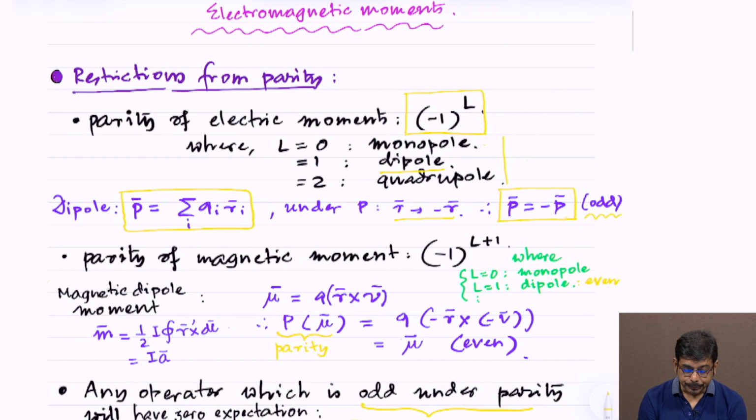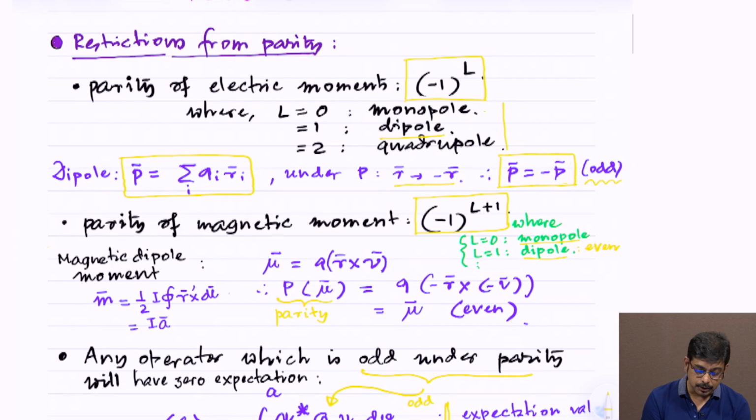On the other hand, when we think of parity of magnetic moment, the parity transformation will be given by minus 1 to the power L plus 1, where L equal to 0 once again is monopole, L equal to 1 is dipole, and L equal to 2 is quadrupole. Now, this is different. Why?